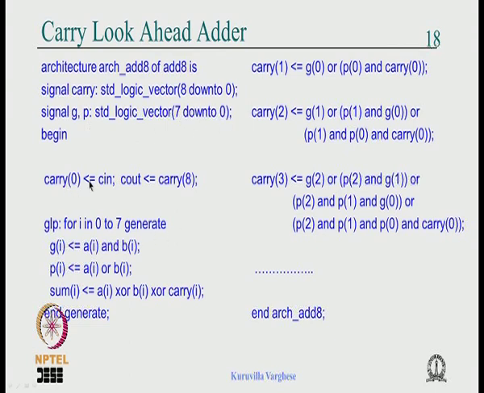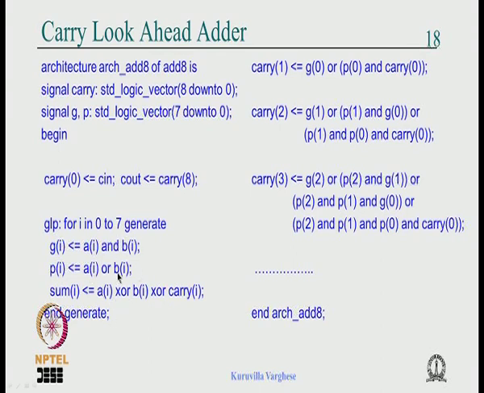As in the earlier case, we have carry 0 which is C in, and carry out C out which is carry 8. Now we write a loop not only for the sum but also for GI and PI, because that is regular, every stage needs that.